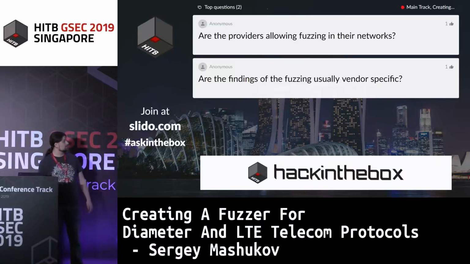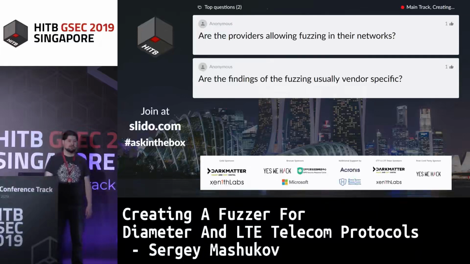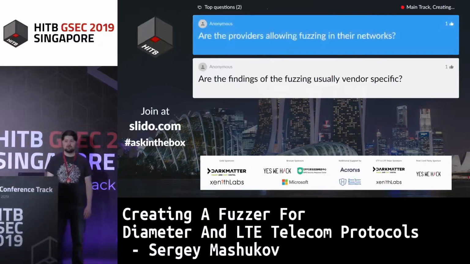Other providers allowing fuzzing in their networks. There is a GSMA document about fuzzing by independent researchers. We usually have an agreement with the provider. We go on site for this, and we do fuzzing in the test lab.